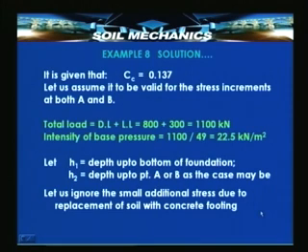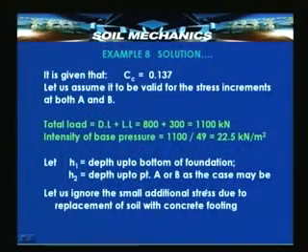Next, we know the value of Cc, it is given, and we have divided the layer into 2, A and B. Now the total load of 1100 kilonewtons is distributed over a foundation area of 49 square meters. That means the loading intensity is 22.5 kilonewtons per meter square, and the depths up to point A or point B, as the case may be, are H1 and H2.